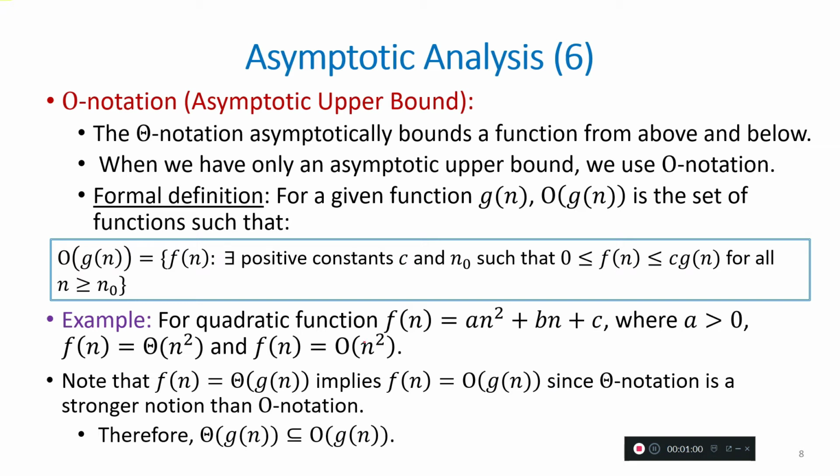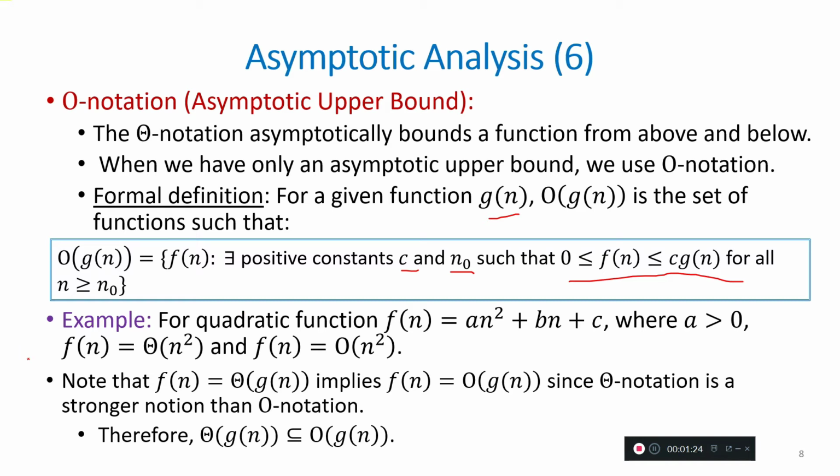So the formal definition of big O notation is given as such. For a given function g of n, big O g of n is a set of functions such that there exists f of n where for positive constants c and n naught, we have this condition that is satisfied.